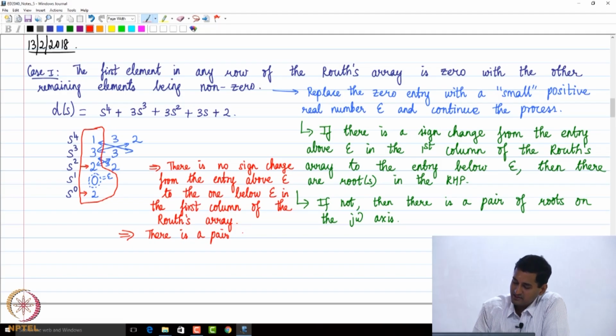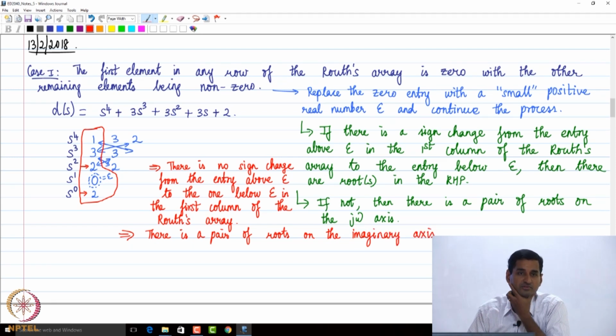So this leads us to conclude that there is a pair of roots on the imaginary axis. Okay, so that is the conclusion which one can draw.